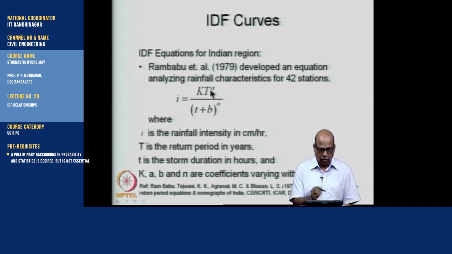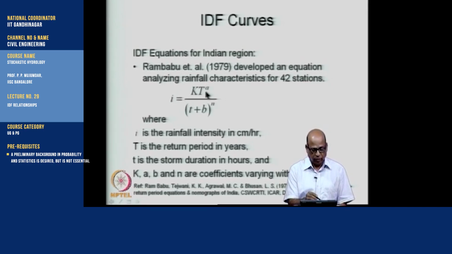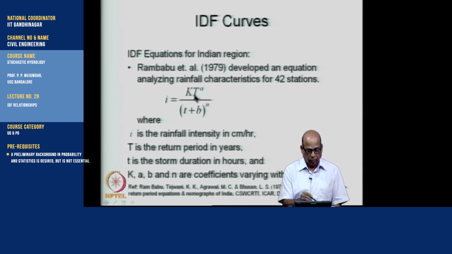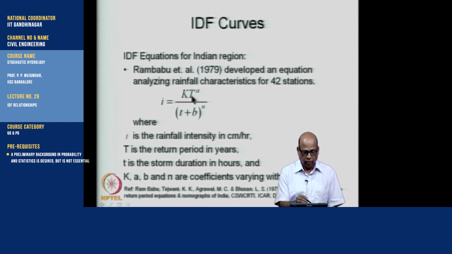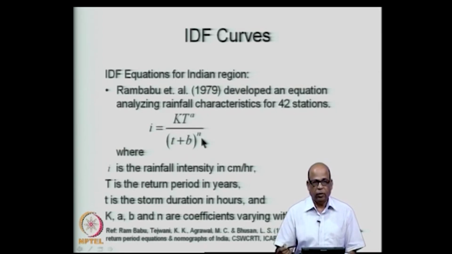So, this is the empirical relationship that they propose, where intensity is given as a function of return period and duration. I am sorry, not time of concentration, this is return period, intensity, return period and the duration. You have constants K, A and N here.